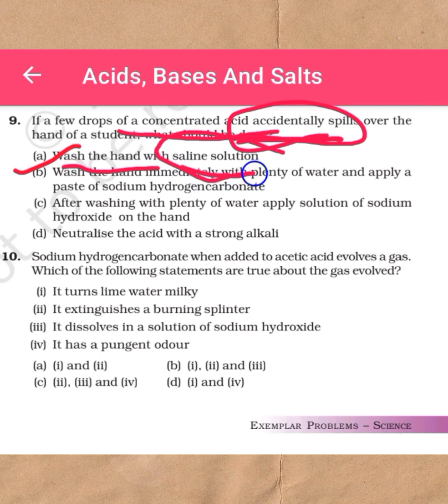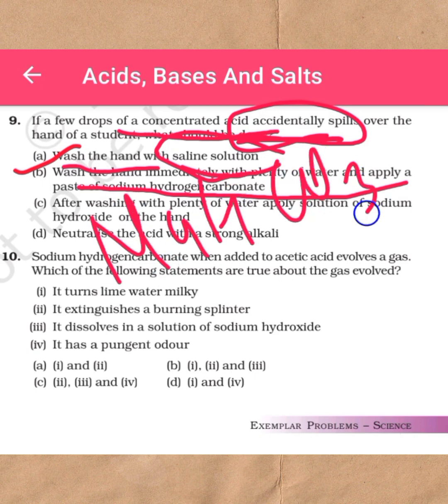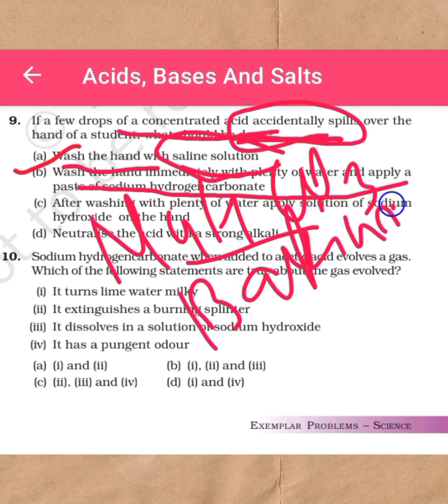We should wash the hand with saline solution. It may be: wash the hand immediately with plenty of water, yes, and apply a paste of sodium hydrogen carbonate. Sodium hydrogen carbonate is NaHCO3, that is baking soda also.